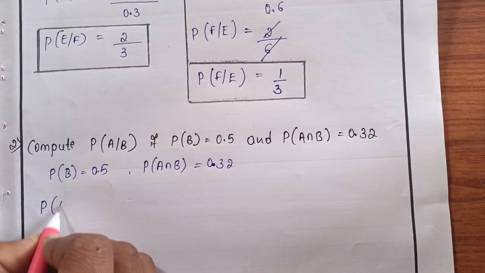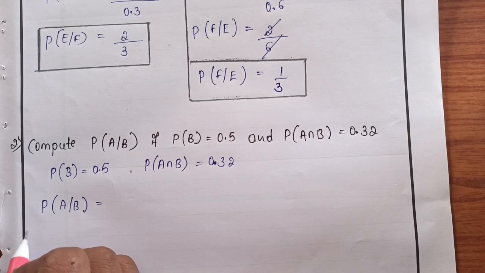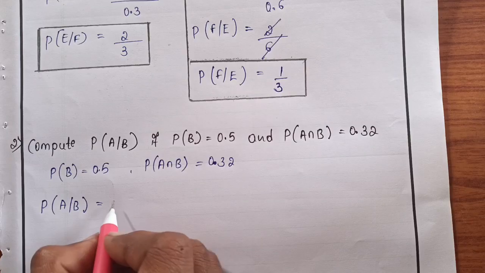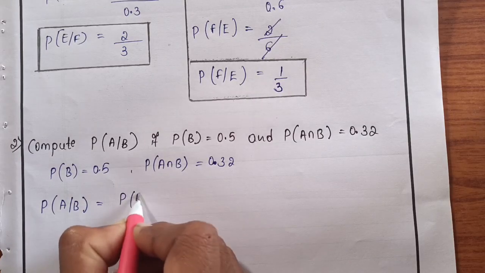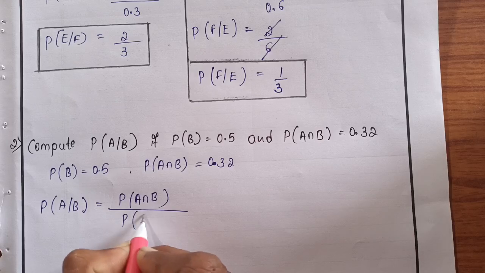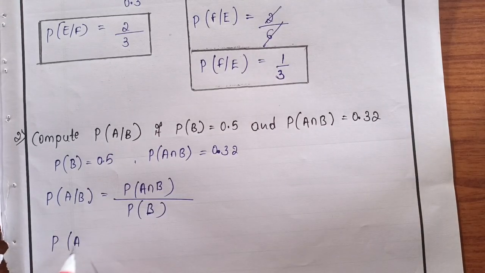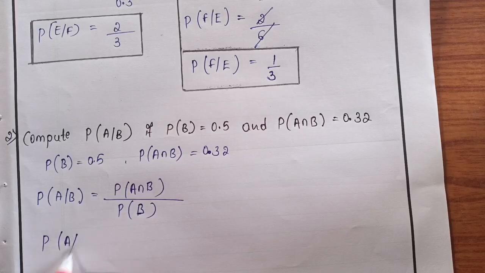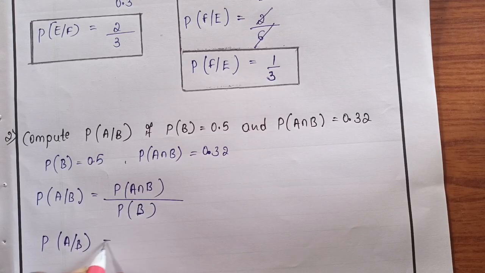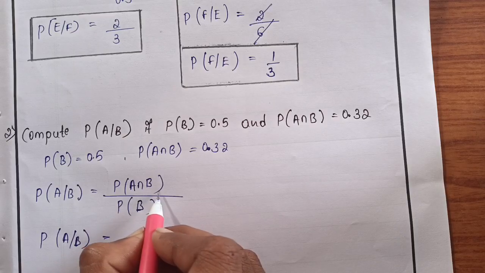So probability of A by B equal to, what is the formula? Probability of A intersection B divided by probability of B. What is the value of probability of A intersection B?